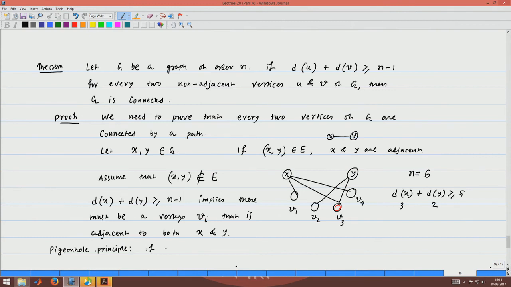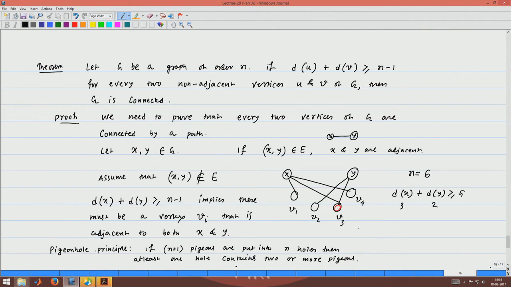It says that if n plus 1 pigeons are put into n holes, then at least one hole contains 2 or more pigeons. So, this is a very well known fact.